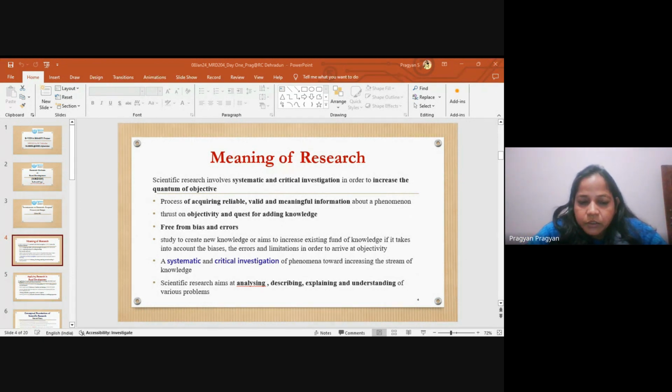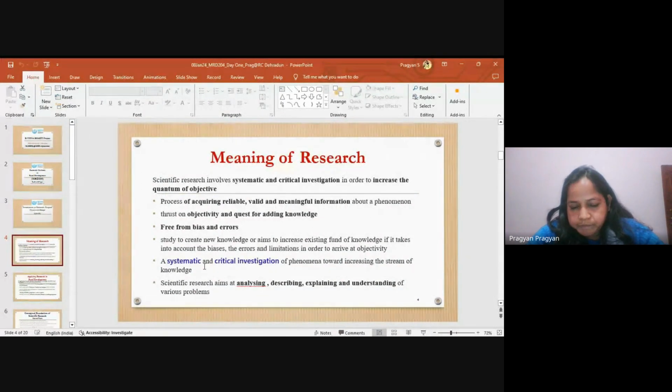So there are two things that I have discussed so far. The first dimension of scientific research is a systematic procedure, and the second is critical investigation. But both of these cannot be attained without objectives, because that is going to be the focus of the process of social research. And in social research, again, we cannot compromise the process of scientific research.